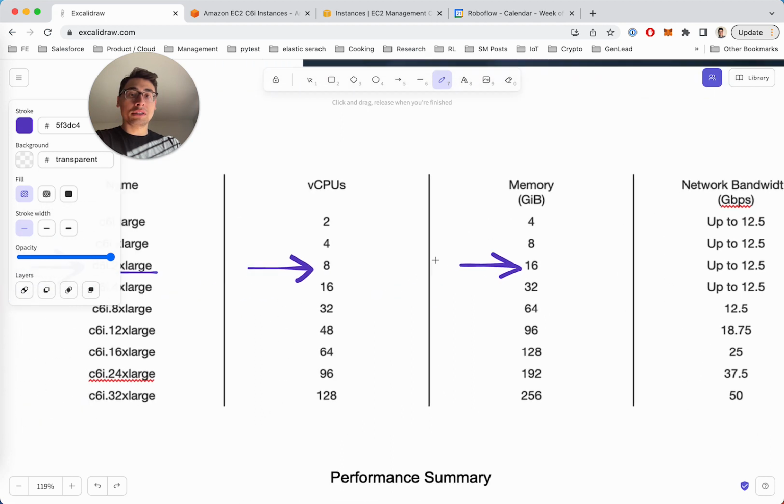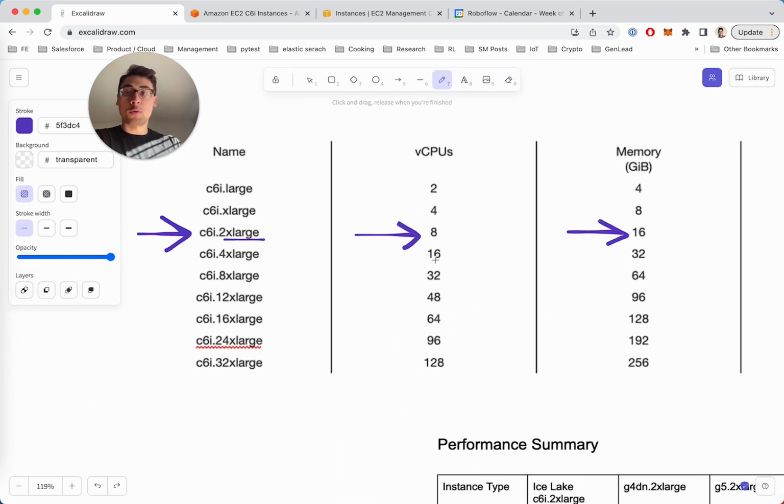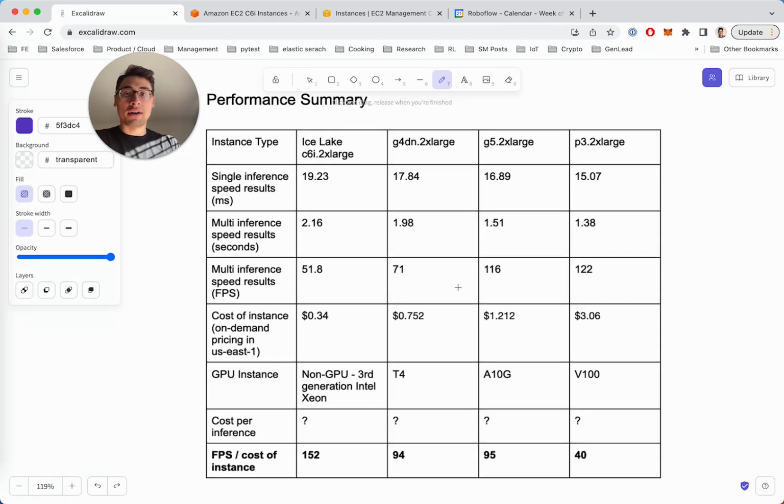Specifically though, let's see how performing computer vision inferences stacks up for the CPU units versus the GPU units, which we have down here. This column is our Ice Lake column. The most interesting things to be paying attention to are first this one, second is this one, and then third is this one, which we're going to talk about in sequential order now. So what is this row right here? This row is our FPS.